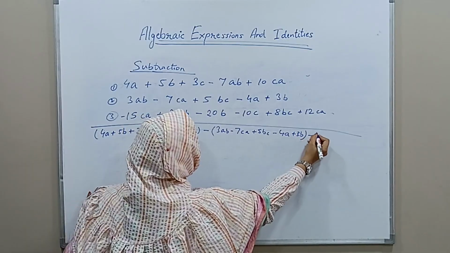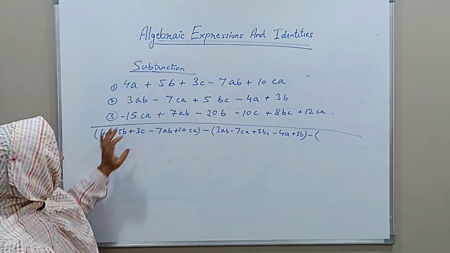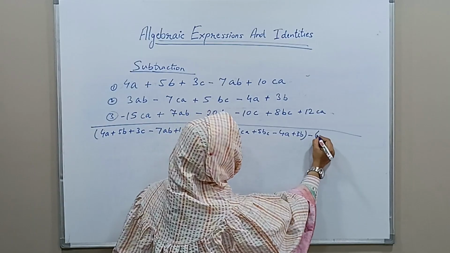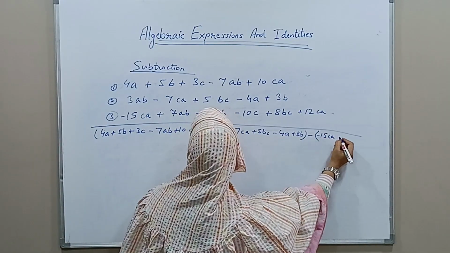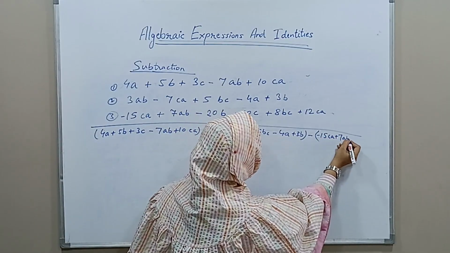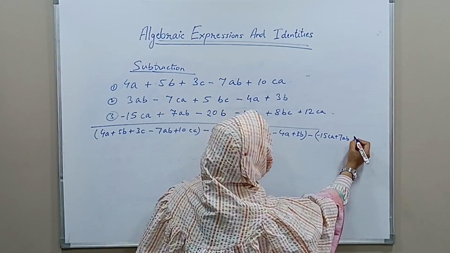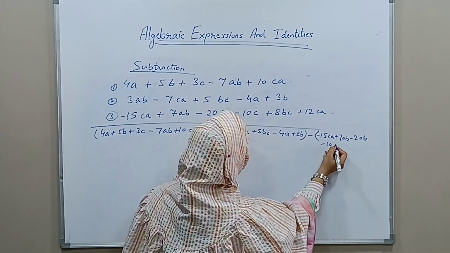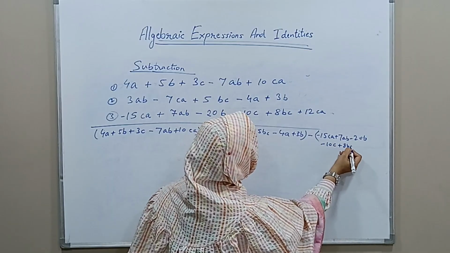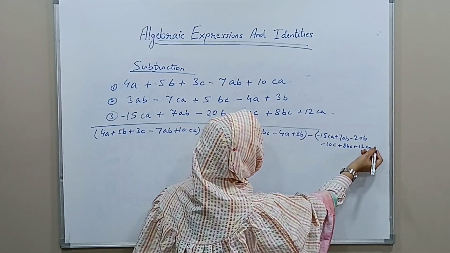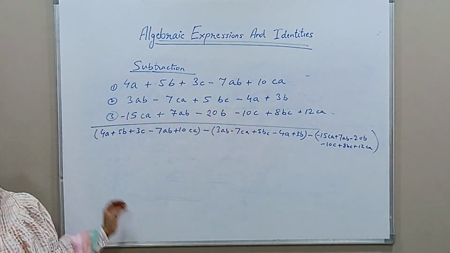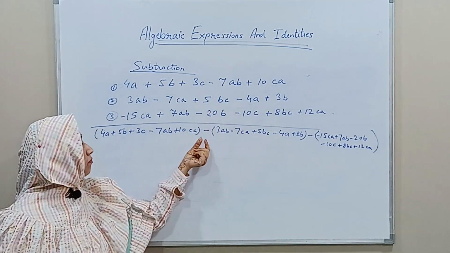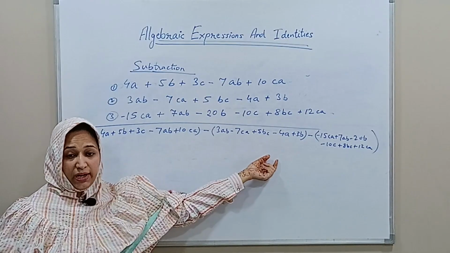Bracket close, minus sign, and the third expression. Minus 15ca plus 7ab minus 20b minus 10c plus 8bc plus 12ca. Okay, so we have written all the 3 expressions with a minus sign since we are subtracting.